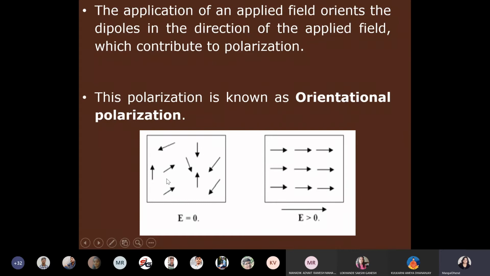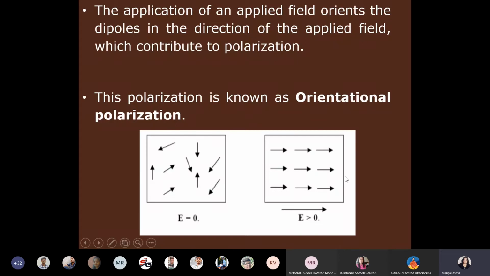Carbon dioxide, NO2, H2O. I will show you with the covalent bonding, because they have dipole moments in some directions. But when you place such a material in an electric field, they will orient like this, because we have seen it is oriented from negative to positive. So this is negative, this is positive, and now all positives are in this direction.